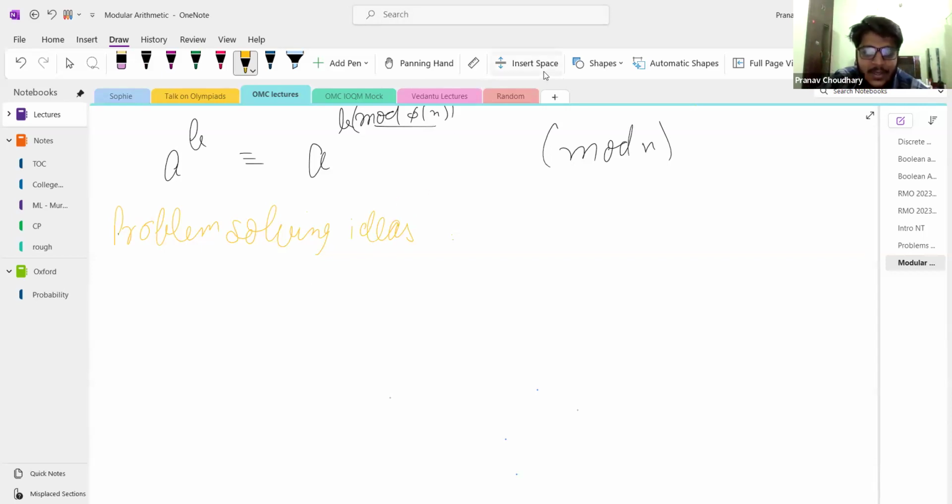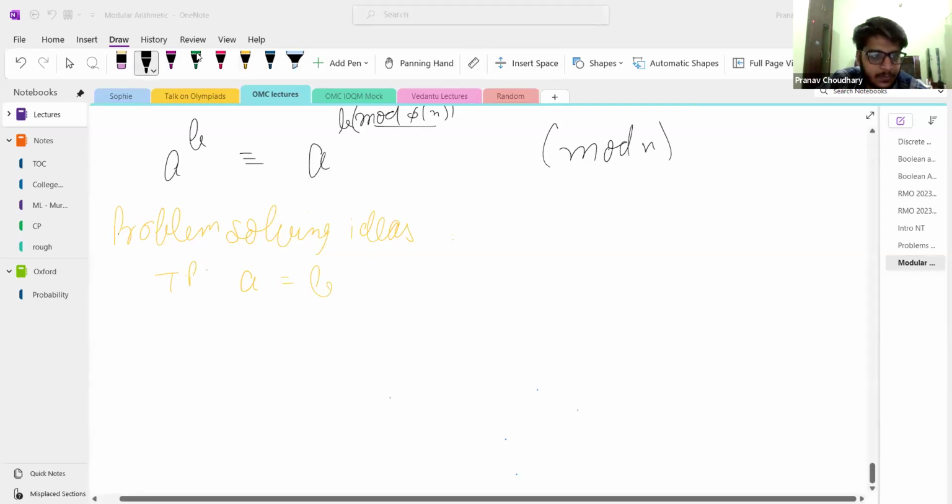Okay. So anyway, if I have to prove A equals B, what are a couple of ideas? There are a couple of ways to go. One way is you just directly prove A equals B somehow.